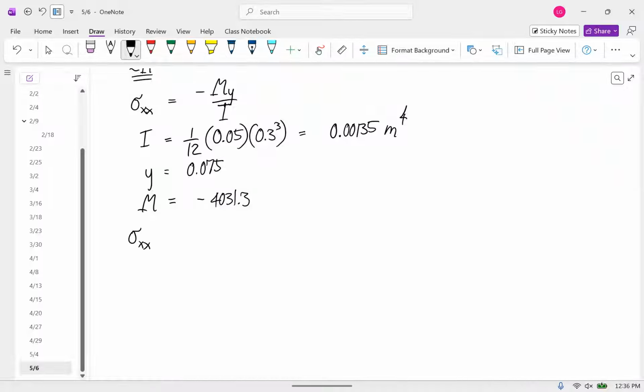And so sigma XX is equal to negative of negative 4031.3 times 0.075 divided by 0.00135.